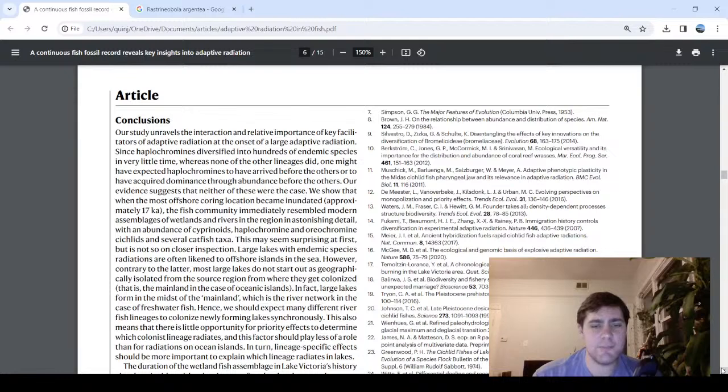Hence, we should expect many different river fish lineages to colonize newly forming lakes synchronously. This also means that there's little opportunity for priority effects to determine which colonist's lineage radiates, and this factor should play less of a role than for radiations in ocean islands.